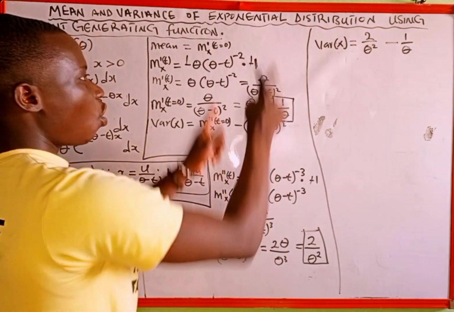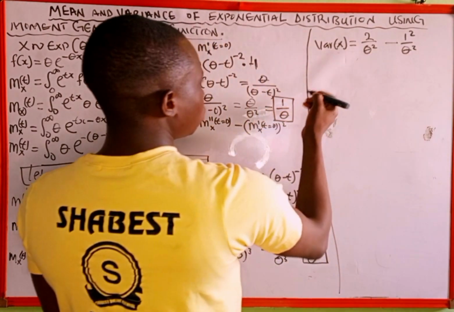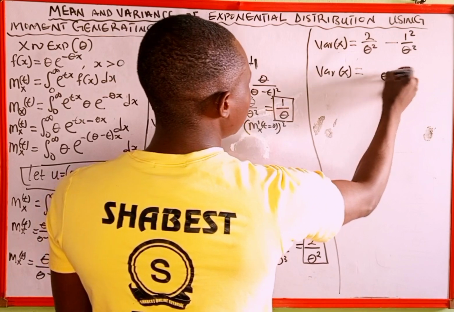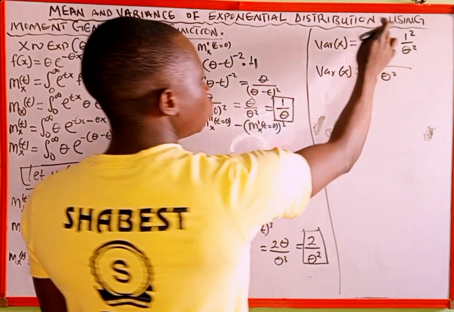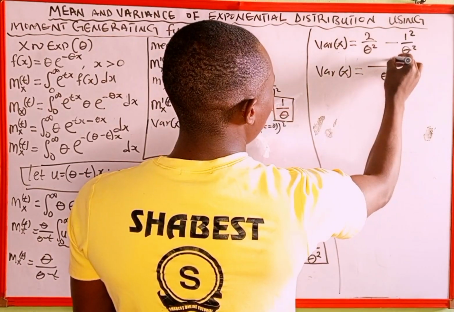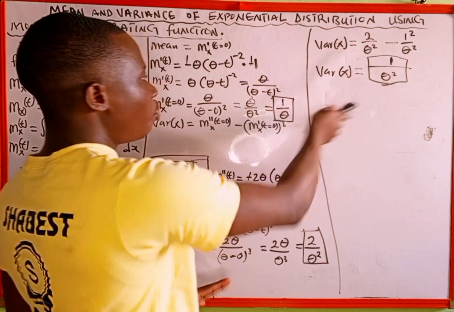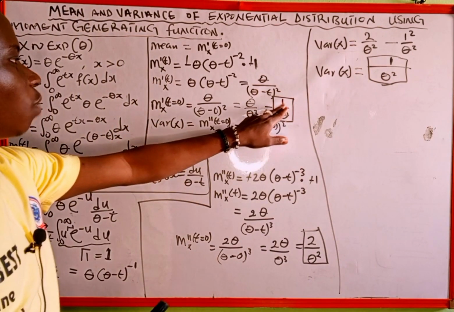But remember, it's all square, so we are going to square this. 1 square, then theta square. So variance of x is equal to 2 minus 1 all over theta square, which is 1 all over theta square. So this is the variance of an exponential distribution using moment generating function, 1 all over theta square, and this is the mean, 1 all over theta.